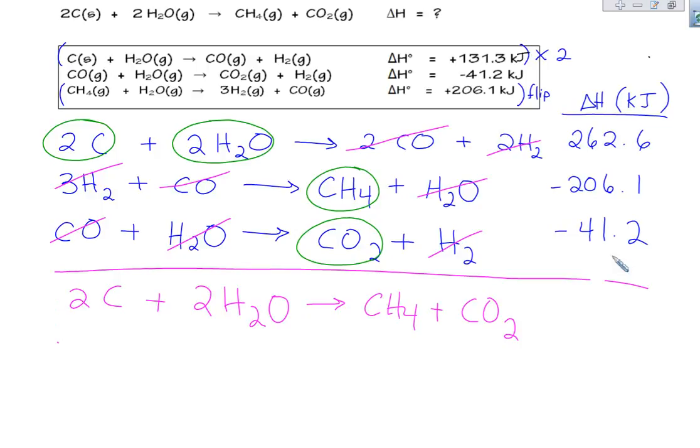So if we add these up, let's say we have, oh, interesting, 15.3 kilojoules for my overall delta H.